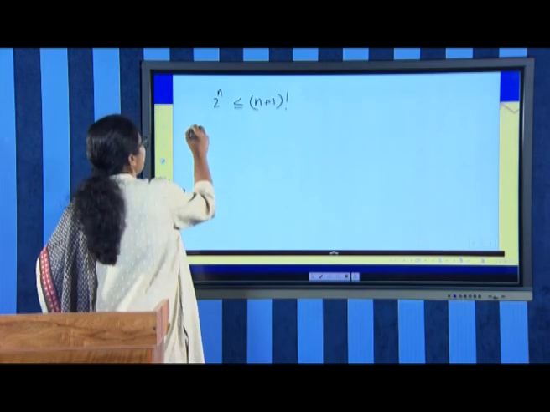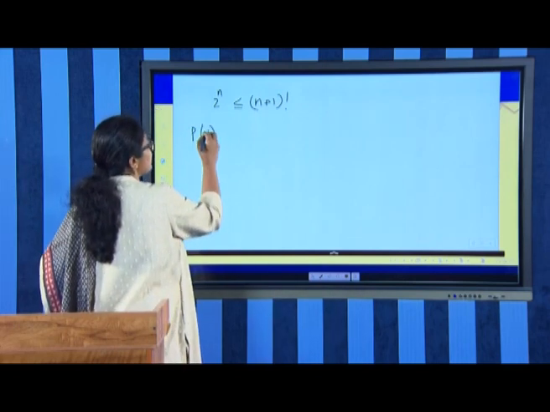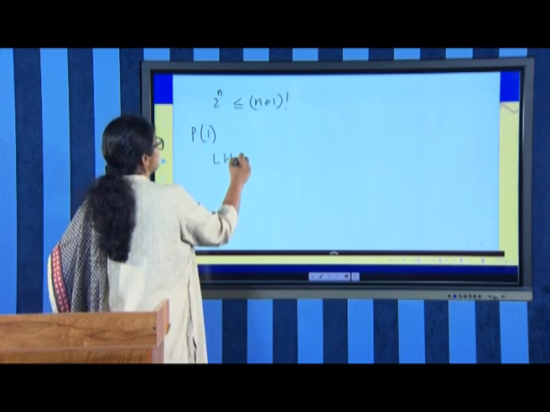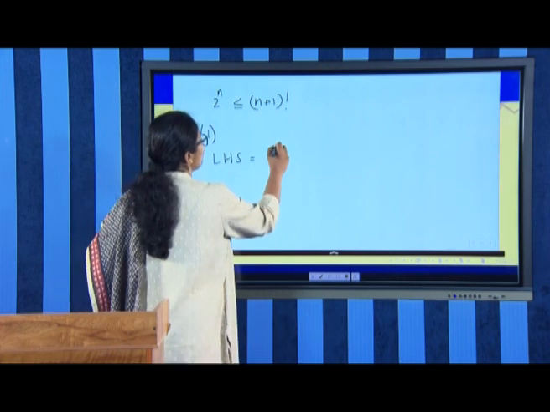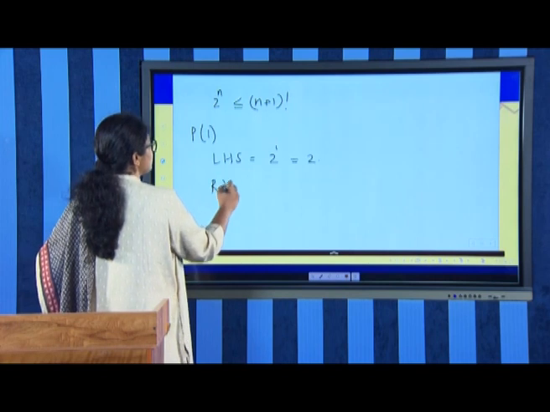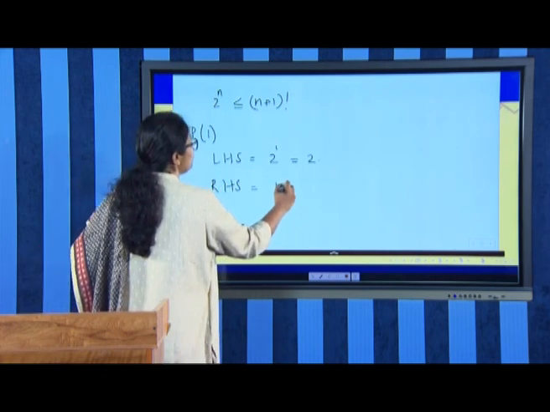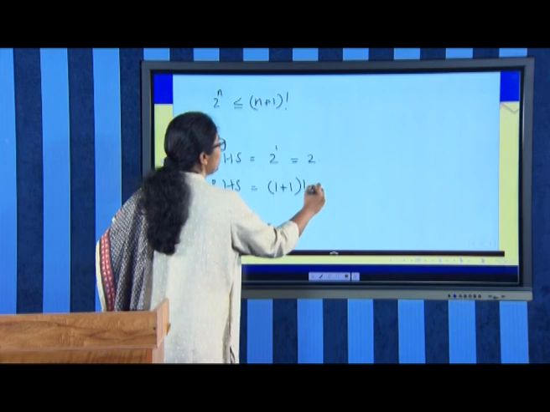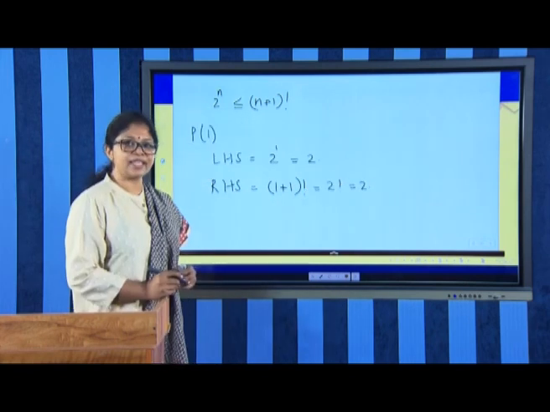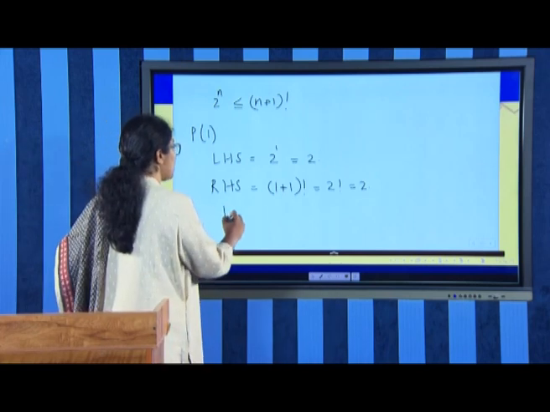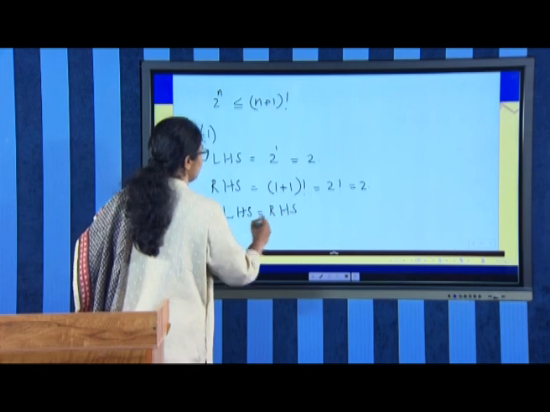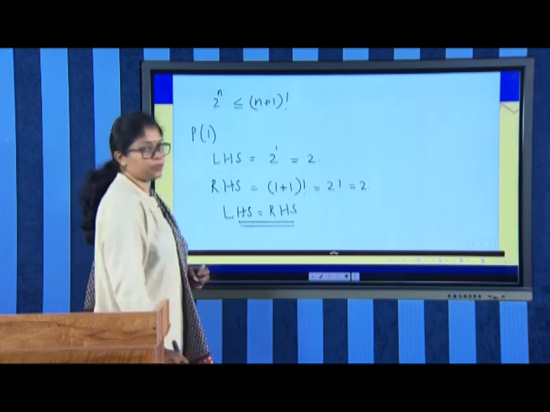So, case 1, P of 1, or the case when n is equal to 1, we consider LHS is equal to 2 power 1, which is equal to 2, RHS is equal to 1 plus 1 factorial, which becomes 2 factorial, which is equal to 2. So, we can see that the LHS is equal to RHS for the first case. That means P of 1 is true.